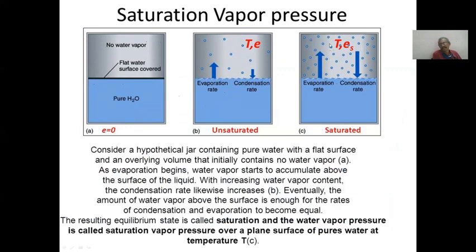At that vapor pressure, the evaporation rate and the condensation rate become equal, or you can say that net evaporation does not occur. So this is the basic thermodynamics we all have studied.